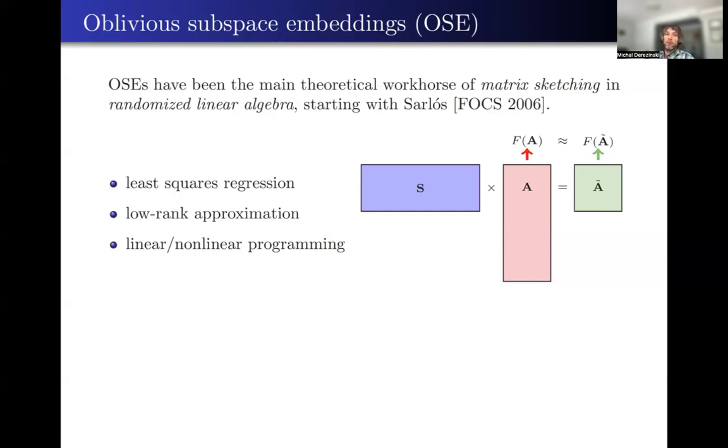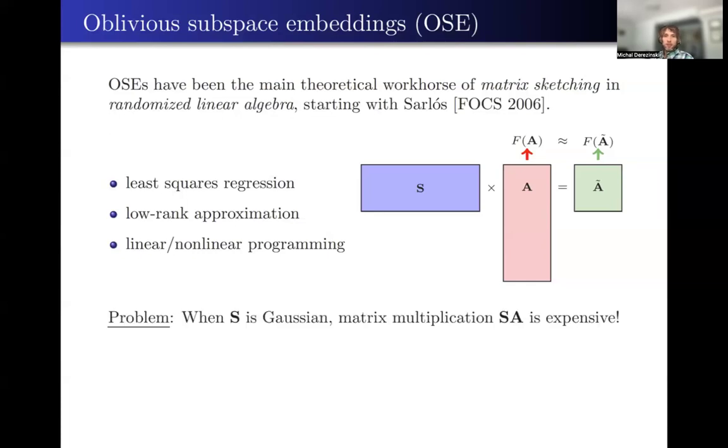And it turns out there's a natural way to associate a subspace with the corresponding input matrix A in such a way that a subspace embedding guarantees that the properties of the matrix will be well preserved by the small sketch that you end up with this embedding.